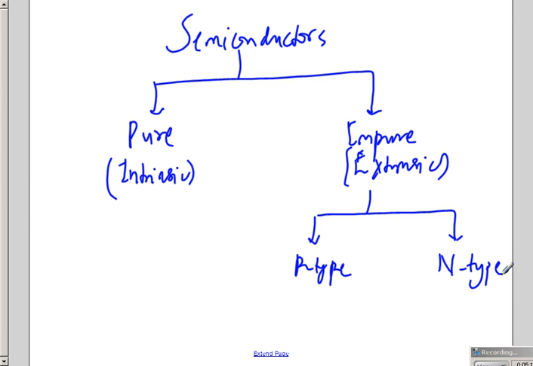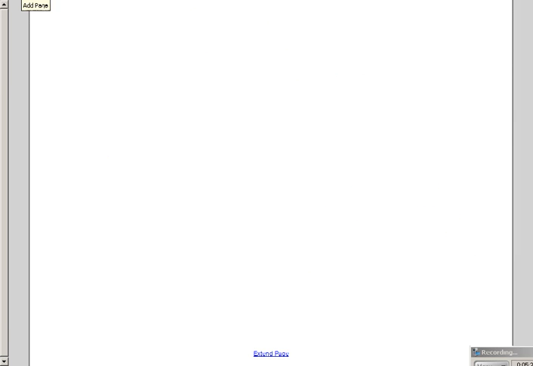So what is p-type? When we take a small amount of trivalent impurity and add it to a pure semiconductor, the crystal that is formed is called a p-type semiconductor. Examples of trivalent impurities are gallium or indium, added to silicon.